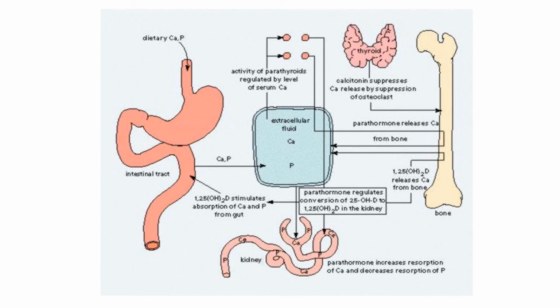This schema is showing the interplay of the major regulatory factors of calcium and phosphate metabolism. Calcium is absorbed from the intestine. Phosphate is also absorbed from the intestine, and calcium absorption is stimulated by vitamin D. Then this calcium and phosphate reach the extracellular fluid, and the sensors in the body for calcium concentration change are located in the parathyroid gland.